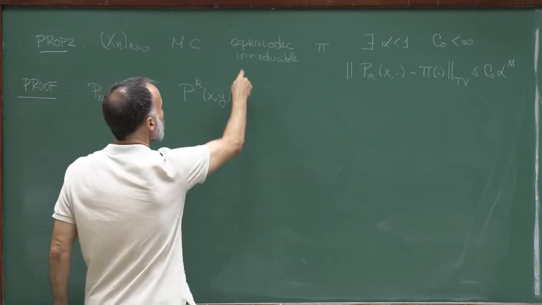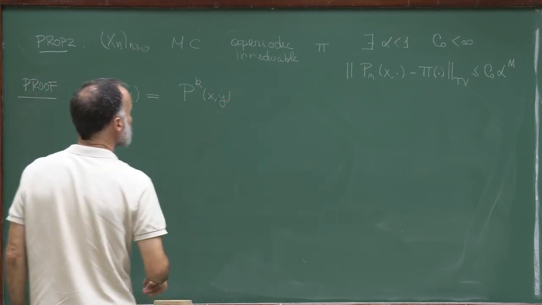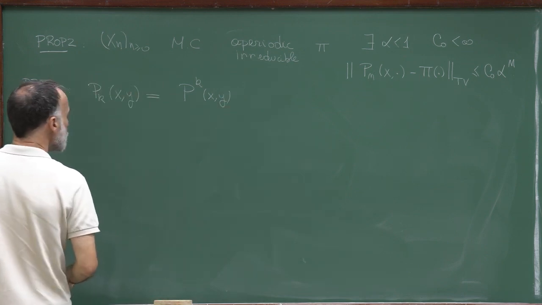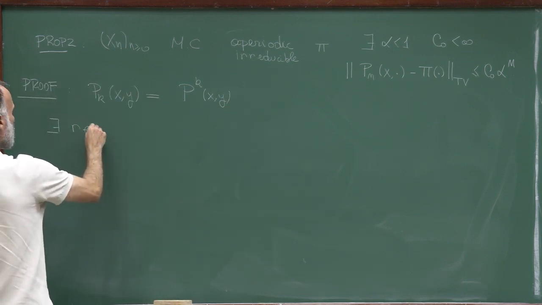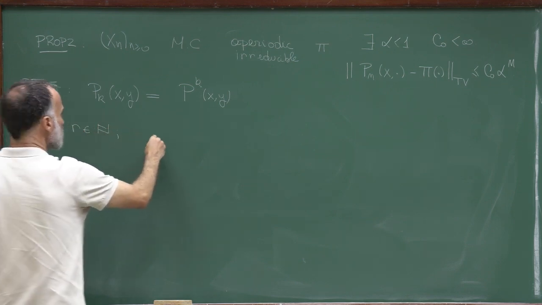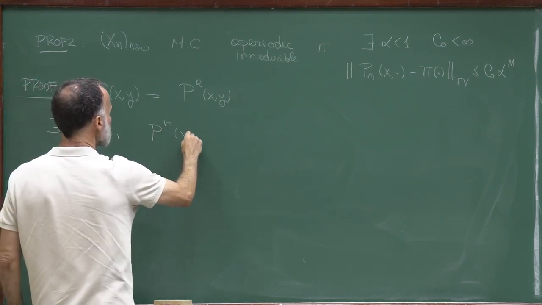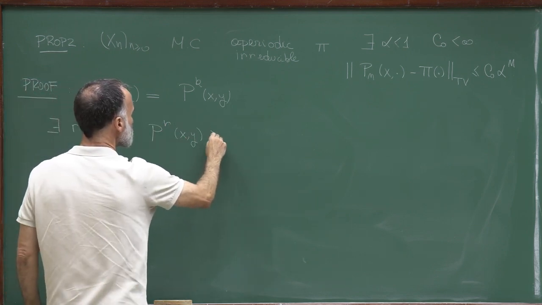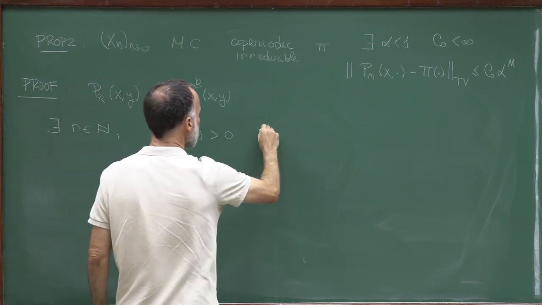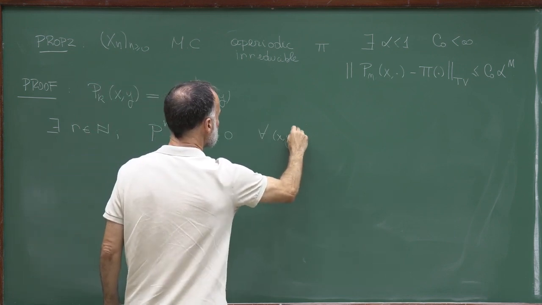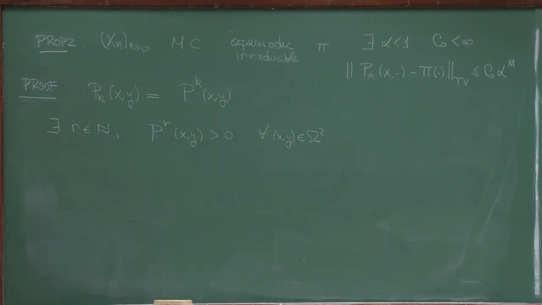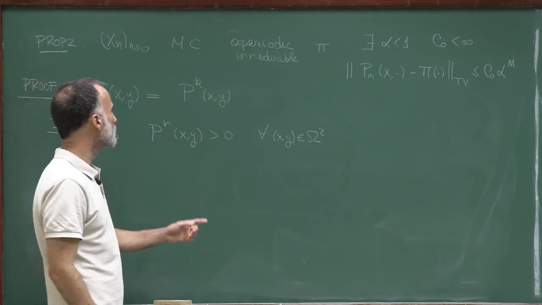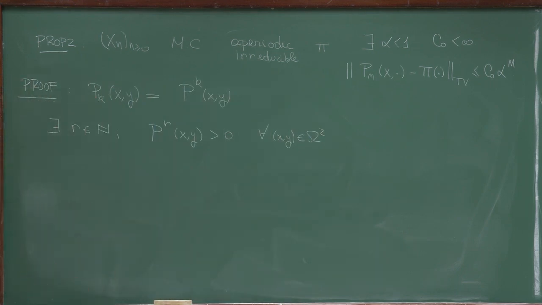So since the chain is aperiodic and irreducible, you know that there exists a finite r such that p^r(x,y) is strictly positive for all x, y. So this is a consequence of the aperiodicity and the irreducibility of the chain.